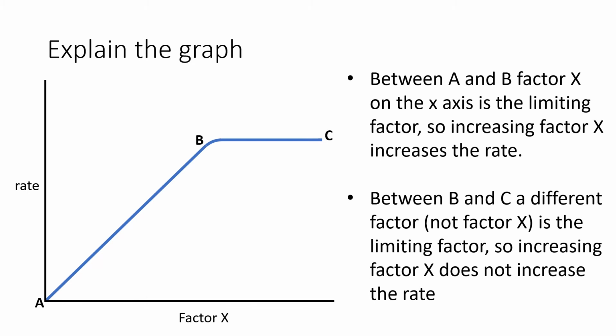We know it's a limiting factor because when we increase it, the rate increases. However, between B and C, there is no increase in rate, even though we're increasing factor X. And that's because factor X is no longer the limiting factor between B and C. Hence, increasing it doesn't increase the rate.